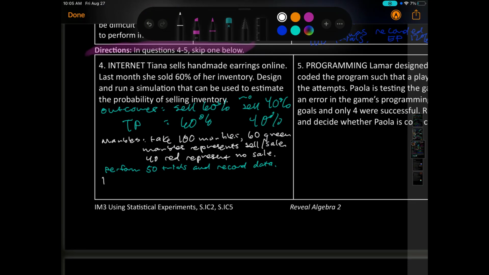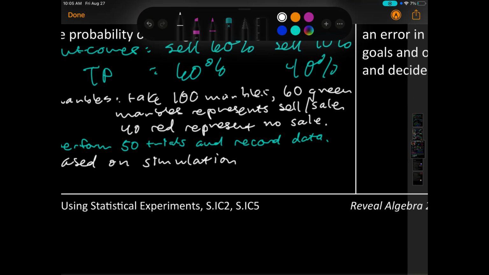And based on the simulation, and what's cool is if you just go to Google and type in like coin simulation, die simulation, marble simulation, you can find things that will actually just help you do that.